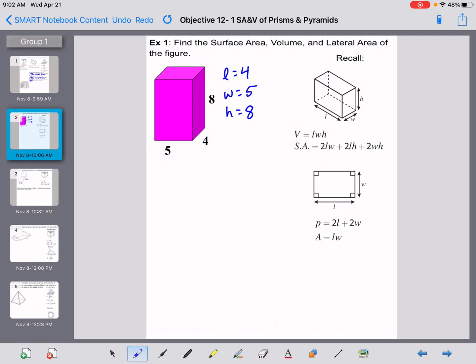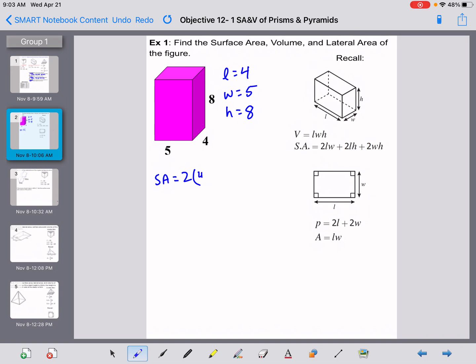Now it's not super important if maybe you got the width and the height or the width and the length confused, because if it was sitting on the more rectangular side, like if that were the base, then the numbers would change a little bit. It's not super important, but you just need to be consistent with them. So the surface area is 2, that's in the formula.